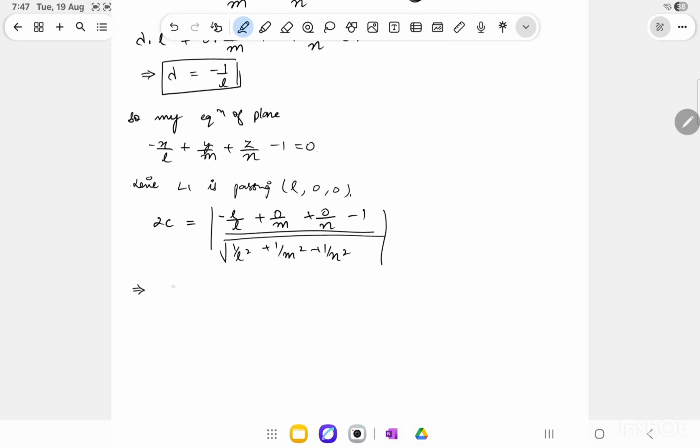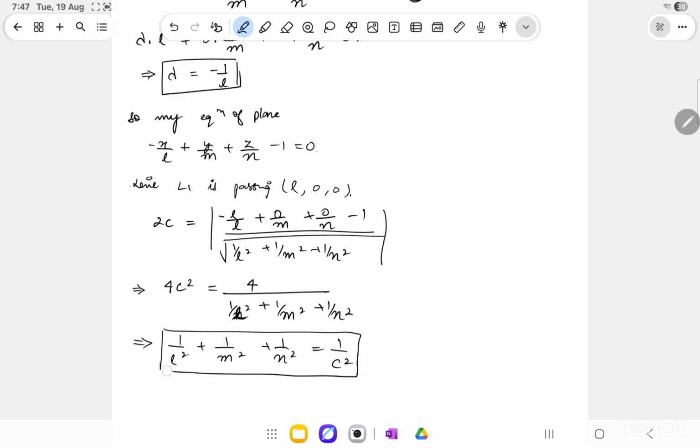To simplify it, I can take the square of both sides. So I get 4c² = 4/(1/l² + 1/m² + 1/n²), which gives 1/l² + 1/m² + 1/n² = 1/c². This is the relation we were supposed to prove.